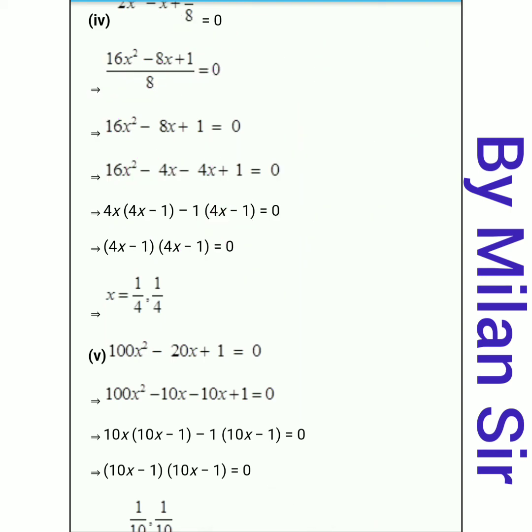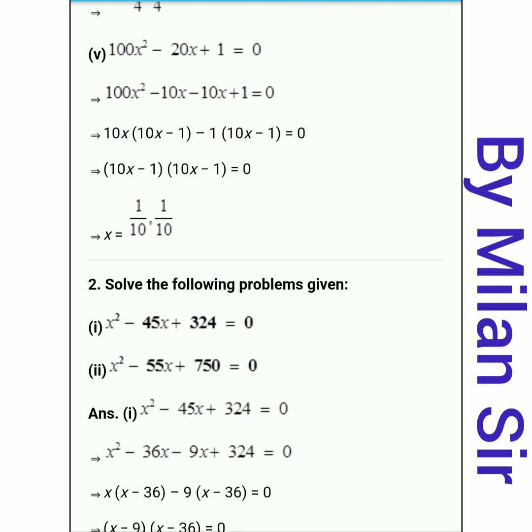Then question number 5. 100x square minus 20x plus 1 is equal to 0. So first of all we need to multiply our constant term with the coefficient of x square. So 100 ones are 100. Okay, so we need to factorize our 100.